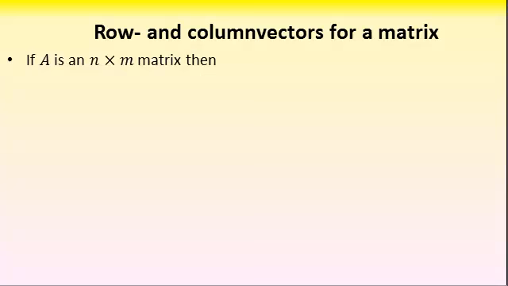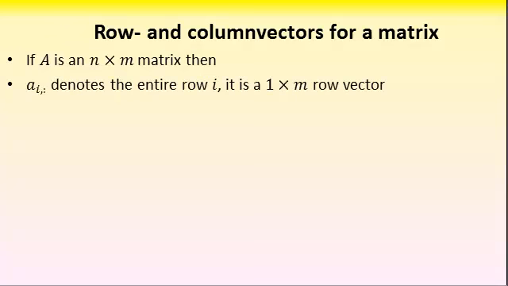So to review this, Ai, comma, colon will denote the entire row i. That makes sense because the first index is the row index and it says that it should be row i. The second index is the column index, and the colon basically means all of them.